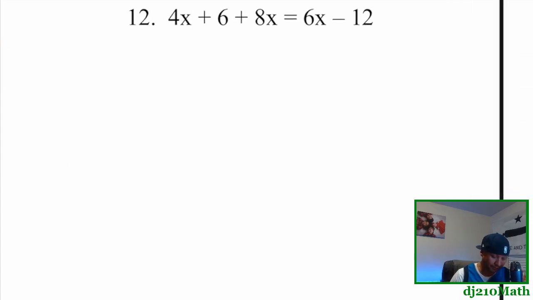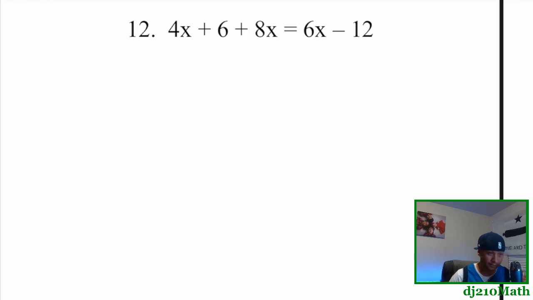All right, 12. We have 4x plus 6 plus 8x is equal to 6x minus 12. I'm going to combine the 4x and the 8x first because they're on the same side. So 8 plus 4 is 12x plus 6 is equal to 6x minus 12.